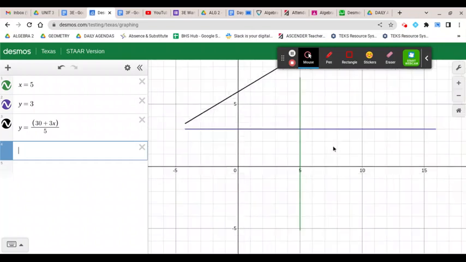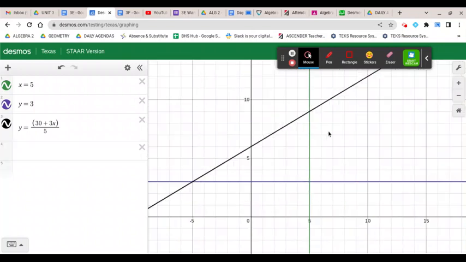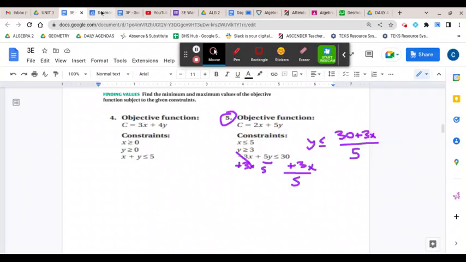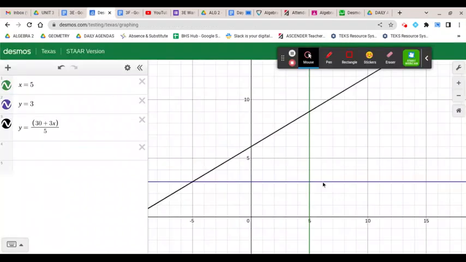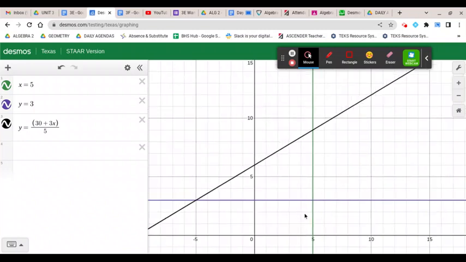So x is less than or equal to 5, so we're over here. And then we have y is greater than or equal to 3, so we're going to be up here. And then we're going to be underneath this black line right here.